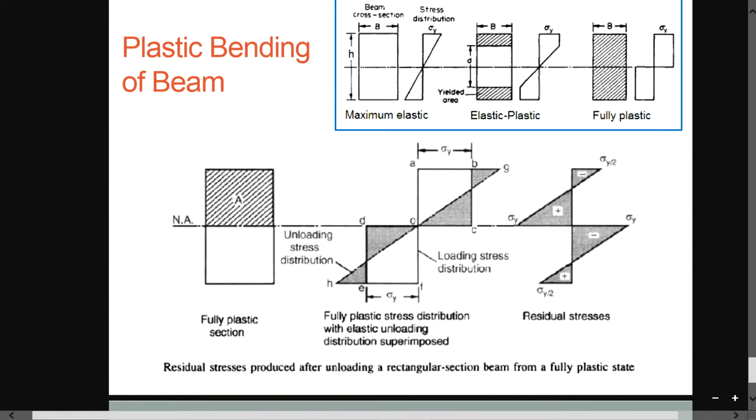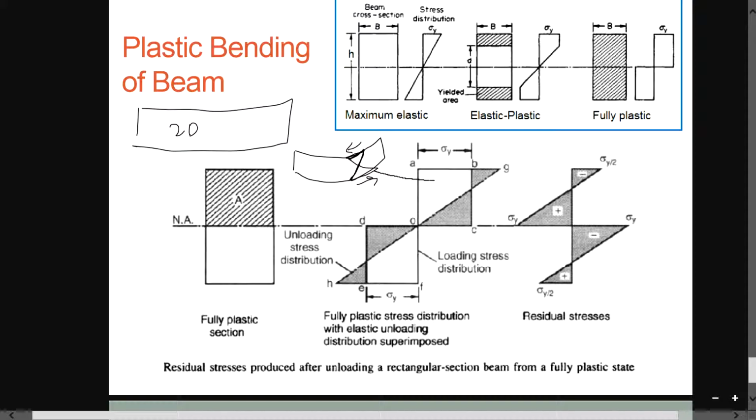On this page, if you have a beam over here in 2D view and you bend it, there will be a compressive stress over here, and there will also be a tensile stress going in this direction. This is talking about this whole chunk over here.